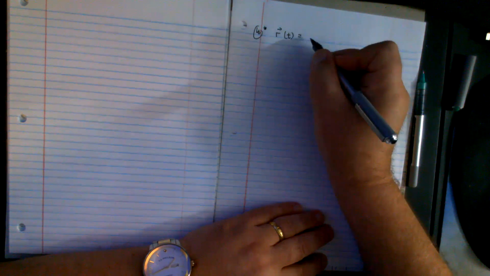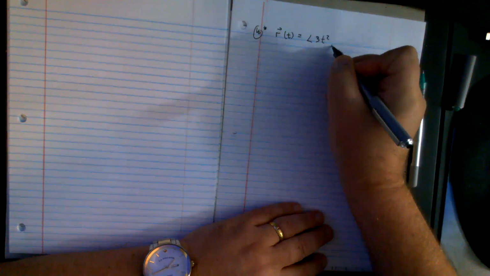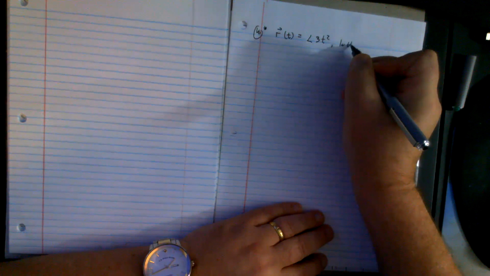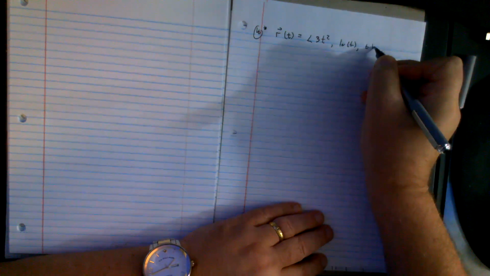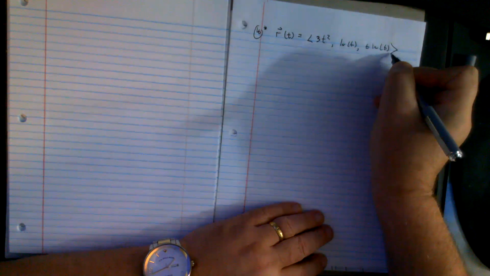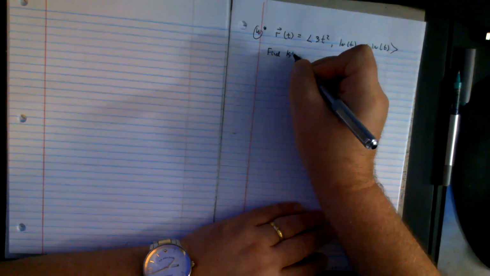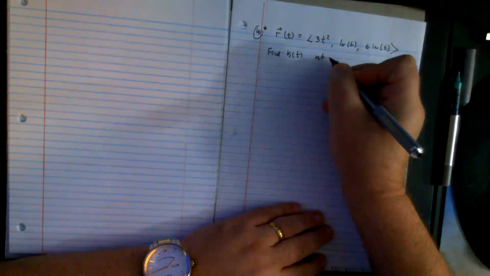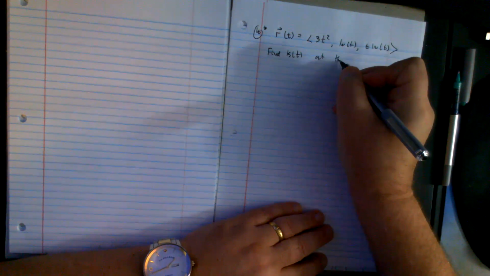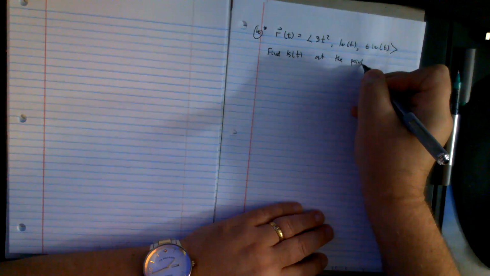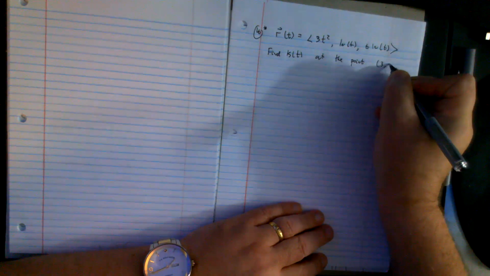The guy that we're going to use is the space curve 3t squared, log of t, log of t. And we're going to be asked to find the curvature at one particular point. And the point is 3, 0, 0.